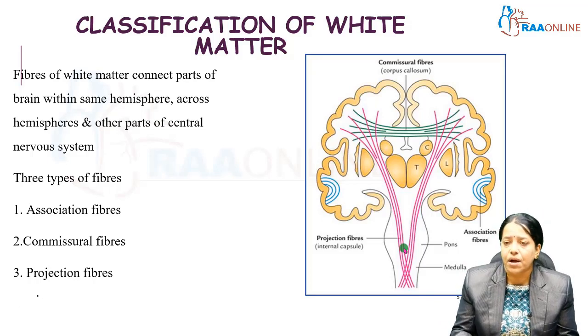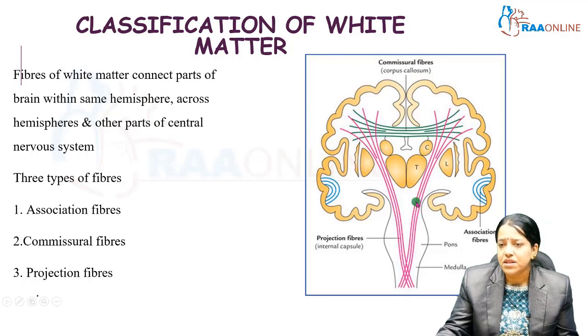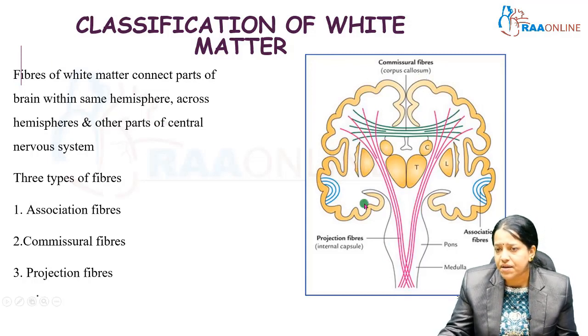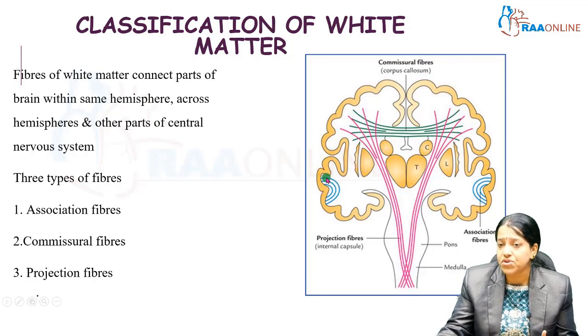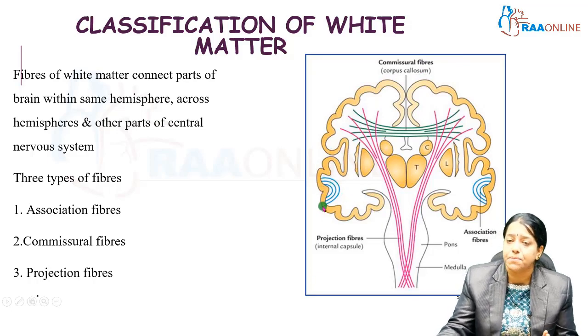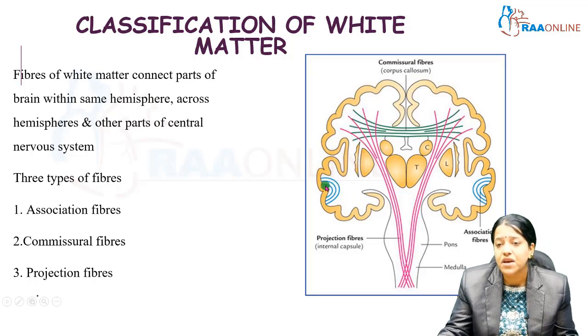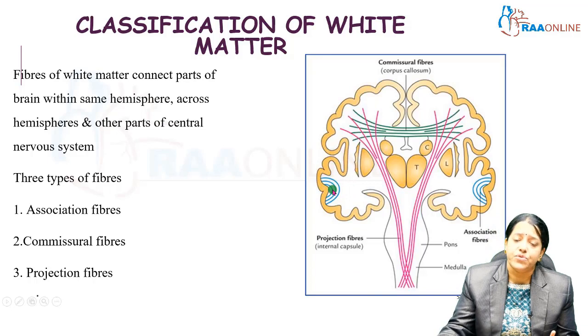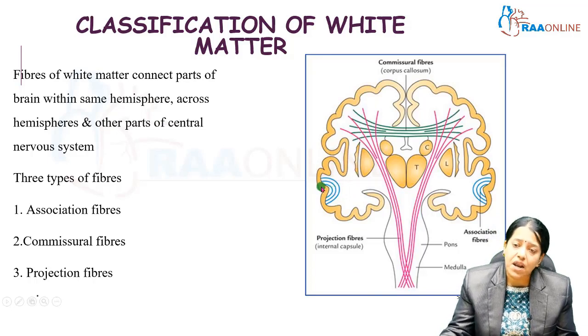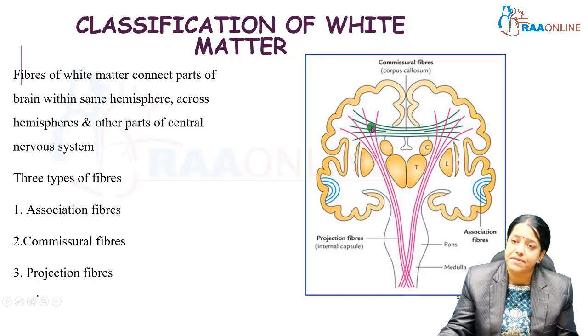Now you can see over here that this is one cerebral hemisphere and this is one cerebral hemisphere, and we have labeled the three types of white matter of the cerebral cortex in three different colors. One color is blue, which is mainly connecting one sulcus to the nearby sulcus, and there are also some fibers which connect the same side from one lobe to the other lobe.